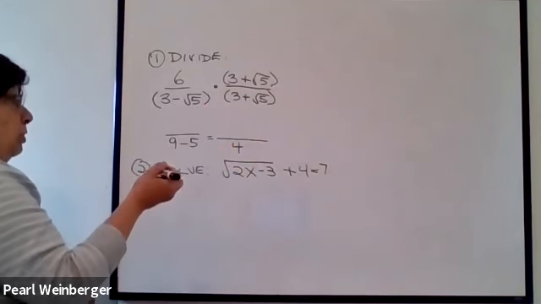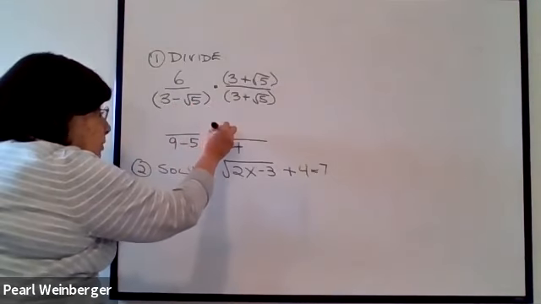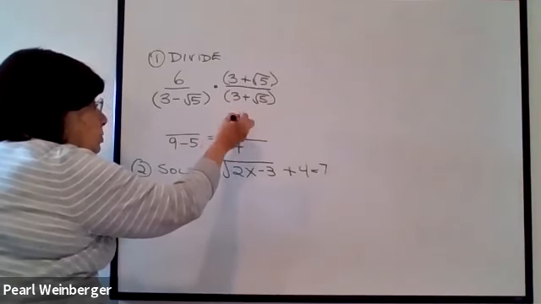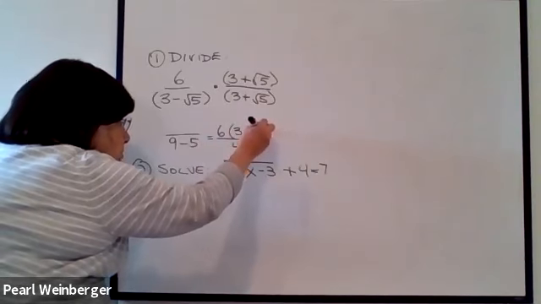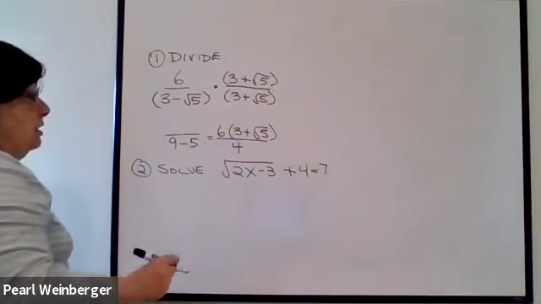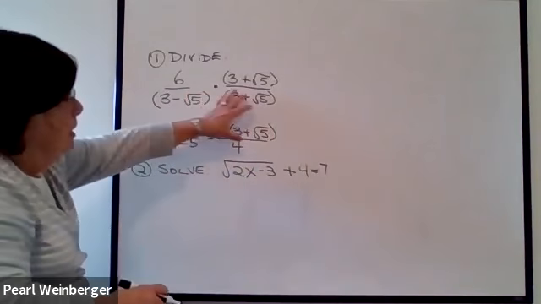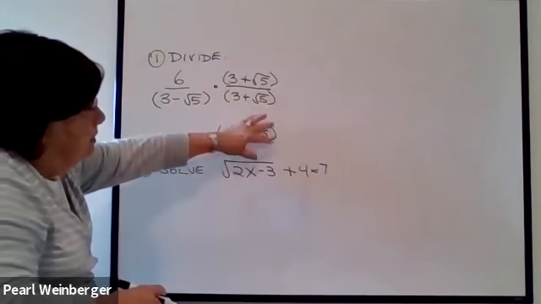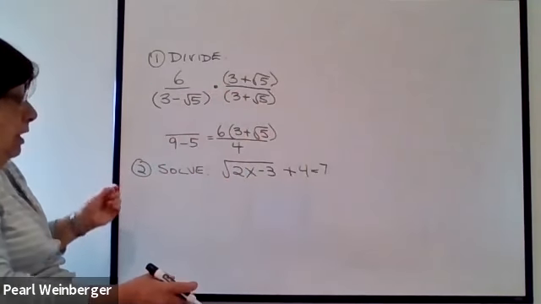What should we do with the numerator? Well, there are 2 things we could do. First of all, we could just put the 6 next to the 3 plus radical 5. In other words, put it in what we call factored form. Just leave it that way.